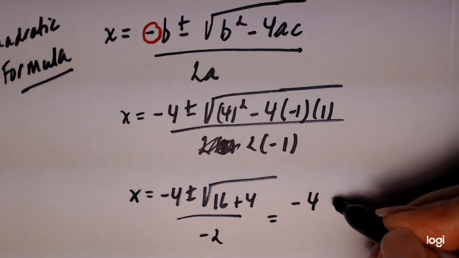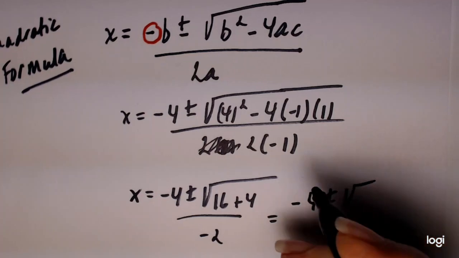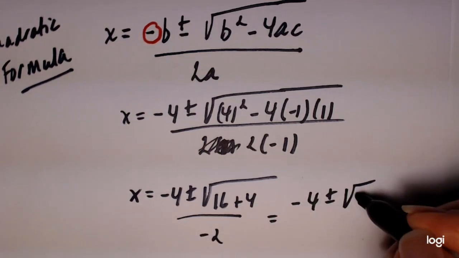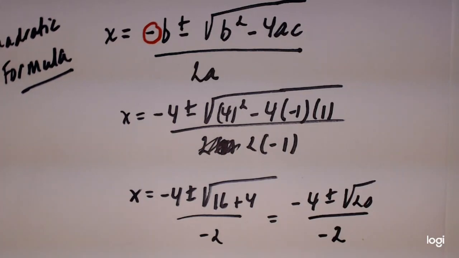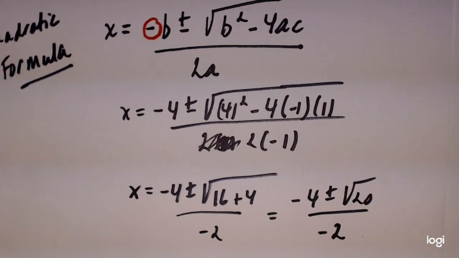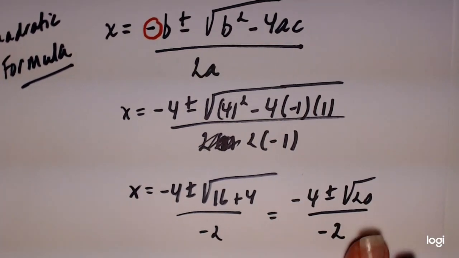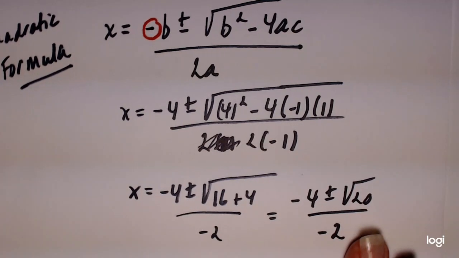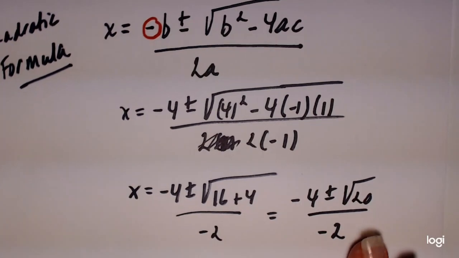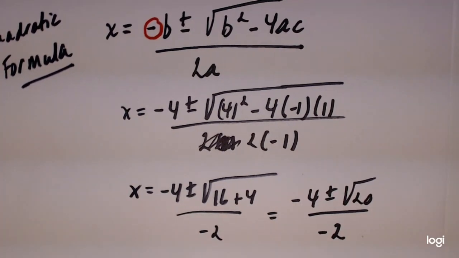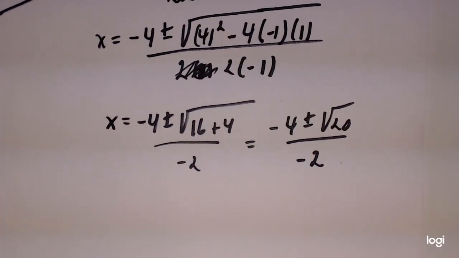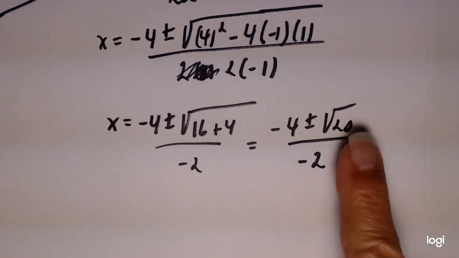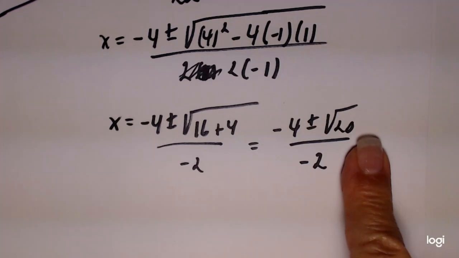Continuing on, negative 4 plus or minus 16 plus 4 is 20, all over negative 2. So this is the answer that we have, but we are not quite done yet, because we always need to simplify. In math, whenever we have a fraction or a statement, we always look to simplify it as much as possible. So we have this square root 20.